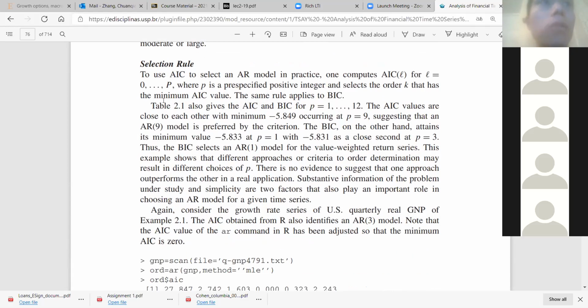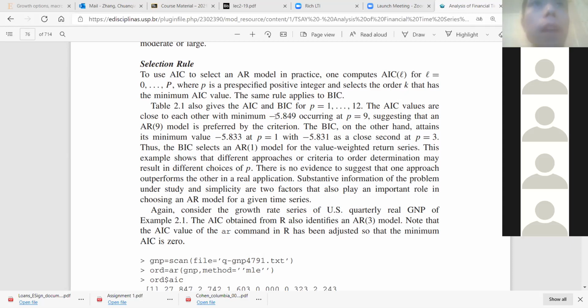Okay, they give you the solutions, right? Just follow me on the textbook. Reading the paragraph, they say for lags 1 to 12, the AIC values are close to each other. Yes, it's very close, around -5 point something, right?